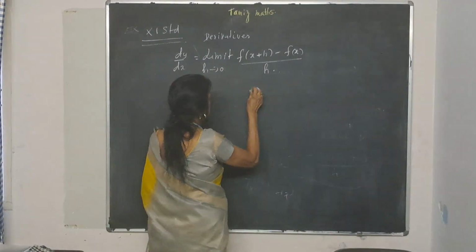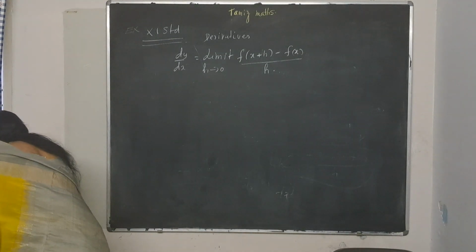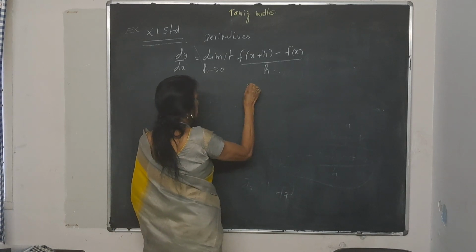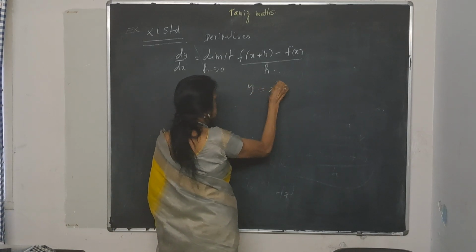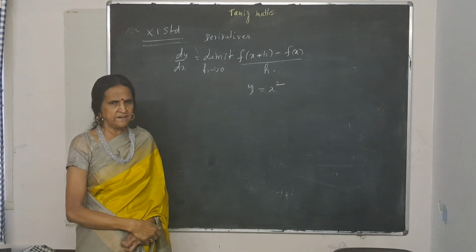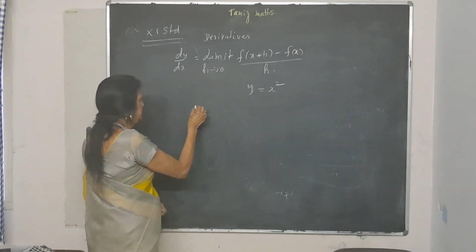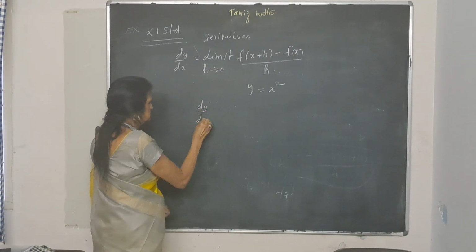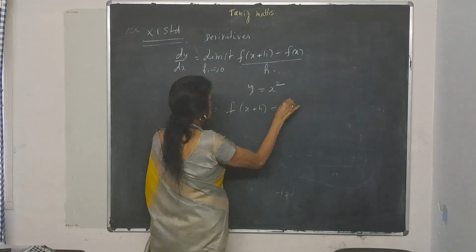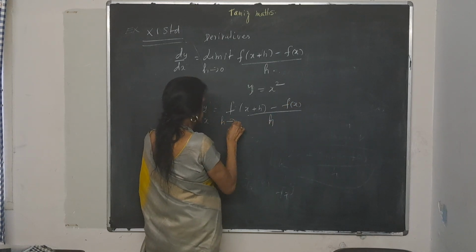How are we going to find the derivative of y is equal to x square? dy by dx is equal to the limit of f of x plus h minus f of x by h, h tending to 0.